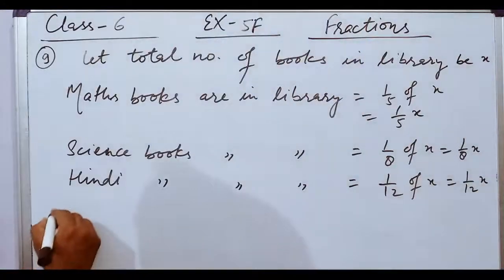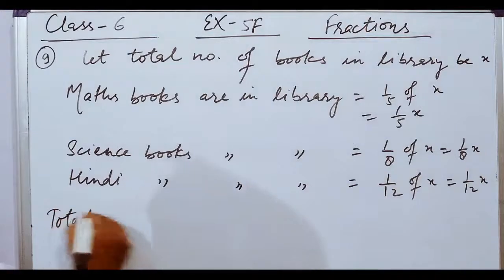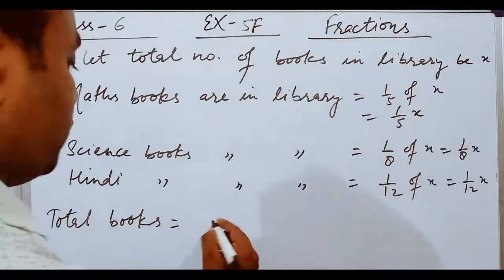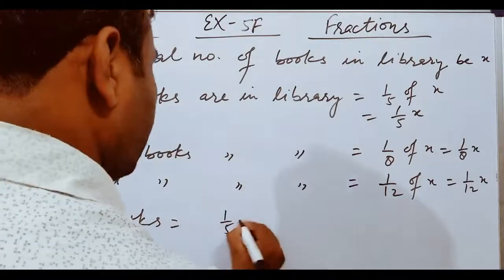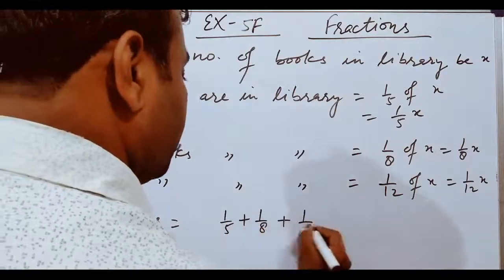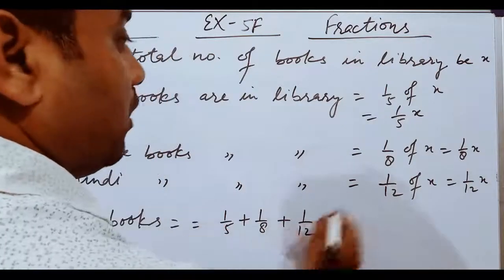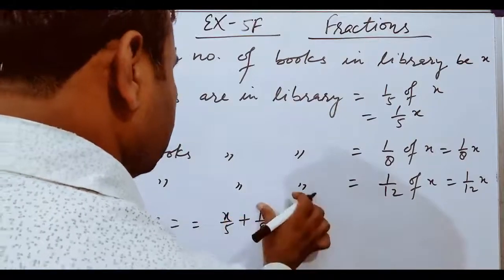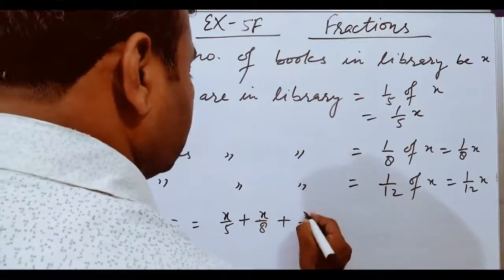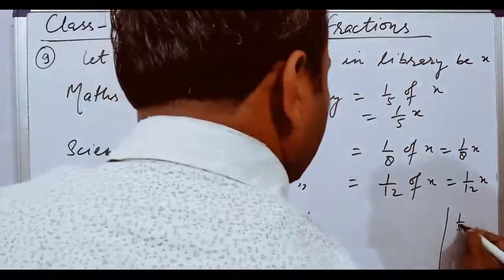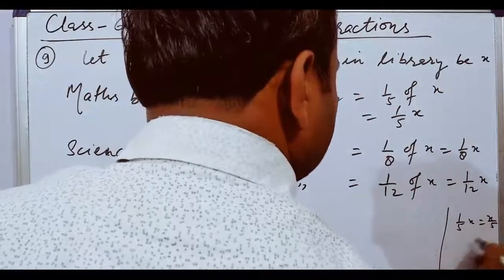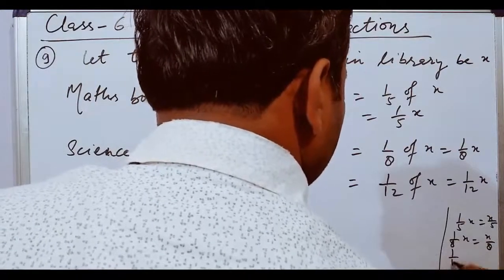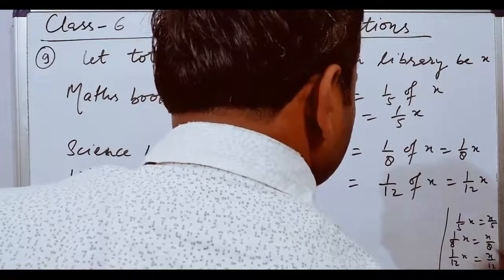So total books equal to 1/5 plus 1/8 plus 1/12 of X. Dear student, either we write 1/5X or X/5, same thing. 1/8X or X/8, same thing. 1/12X or X/12, same thing.